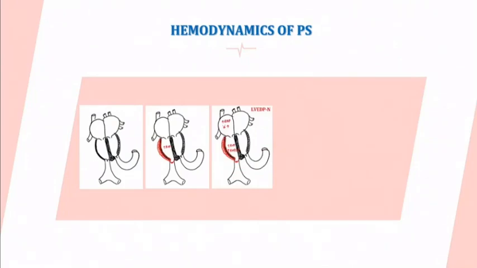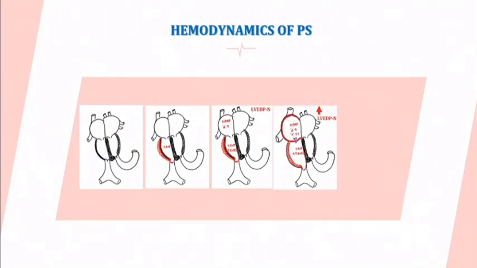And this is back transmitted to right atrial pressure, which reflects as a prominent A wave in jugular venous pressure. And eventually, there can be RV ischemia because of demand supply mismatch, and there can be RV failure. And this causes tricuspid regurgitation, which is reflected as a prominent V wave in jugular venous pressure.